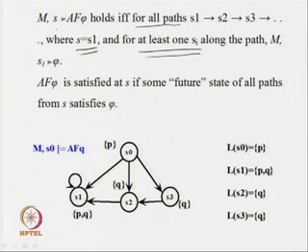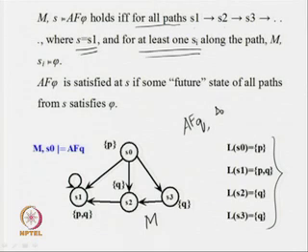Now, again look at this particular model M. We have 4 states S 0, S 1, S 2 and S 3, and this is the labeling function of these 4 states. We are concerned about the formula A F q in state S 0.